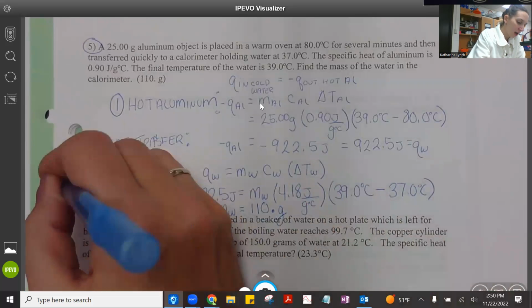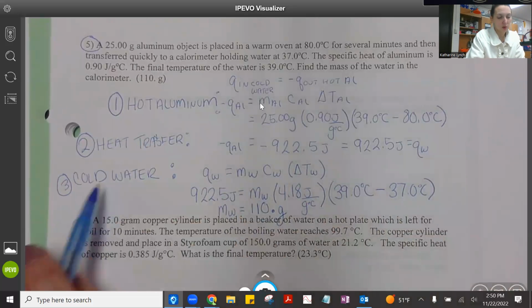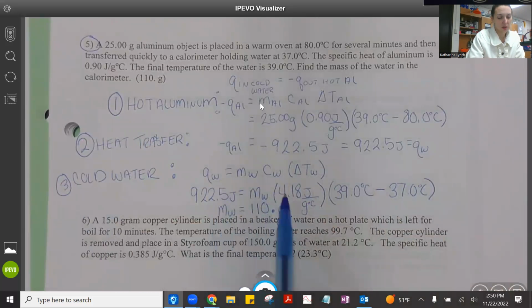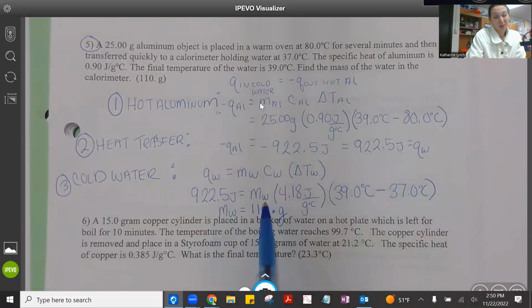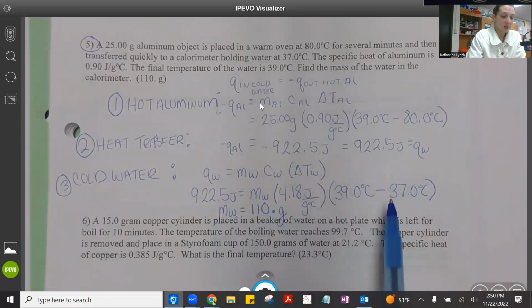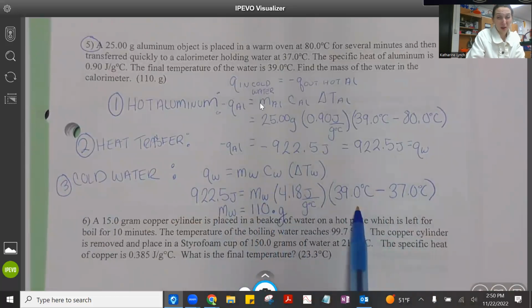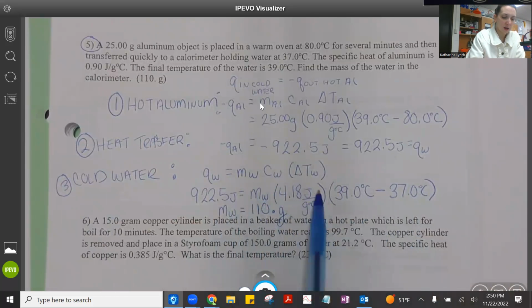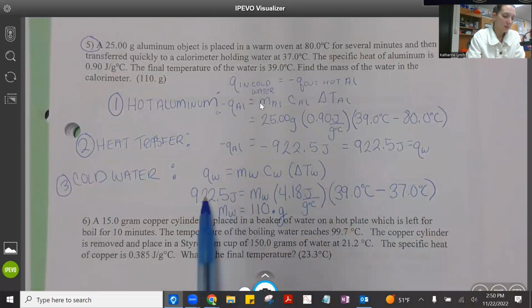And then the third step is going to be your cold water calculations. I could ask for the mass, I could ask for a temperature initial, I could ask for a temperature final, I can ask for a delta T. But in this third step, I could even ask for a specific heat if it wasn't water. Something in this third step you'll be solving for.